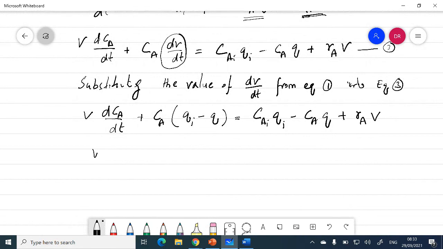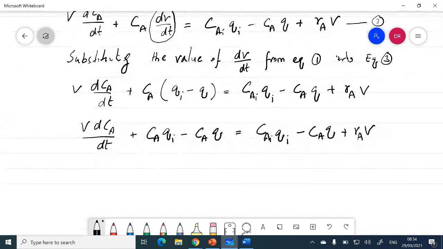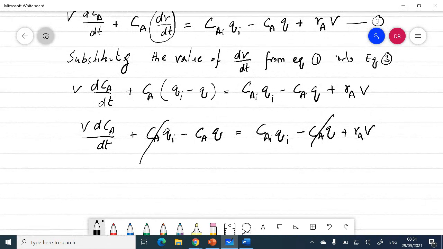So we can simplify this equation. V dCA by dt plus CAQI minus CAQ, and here this term and this term will be cancelled out.